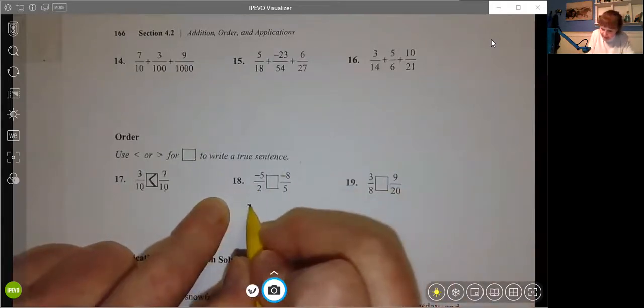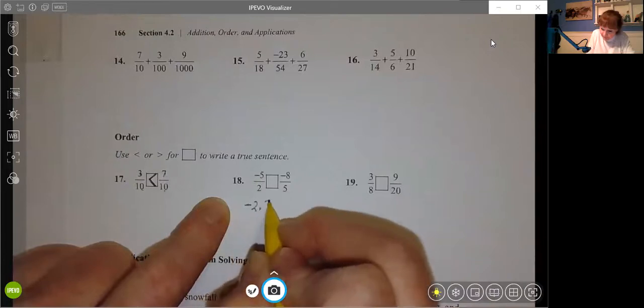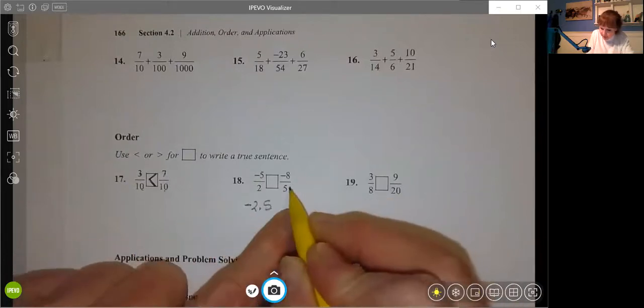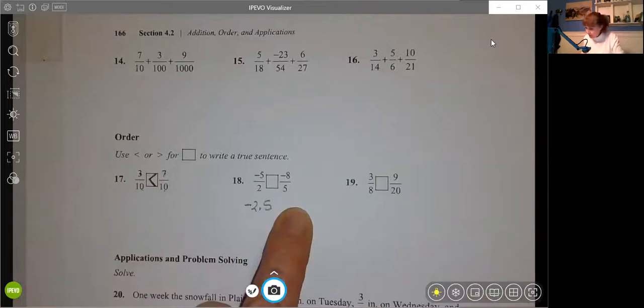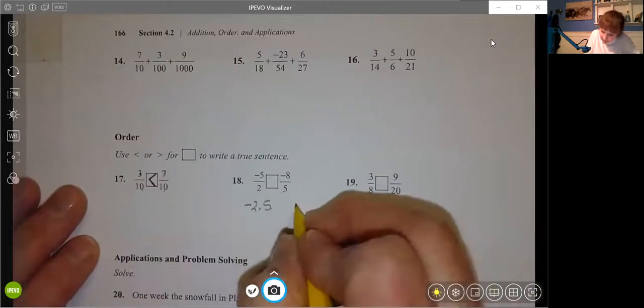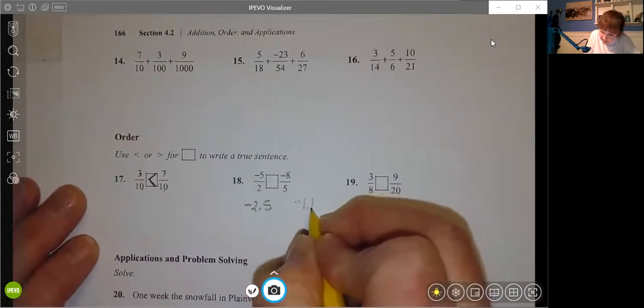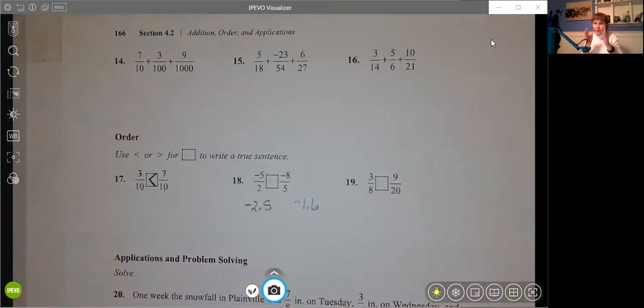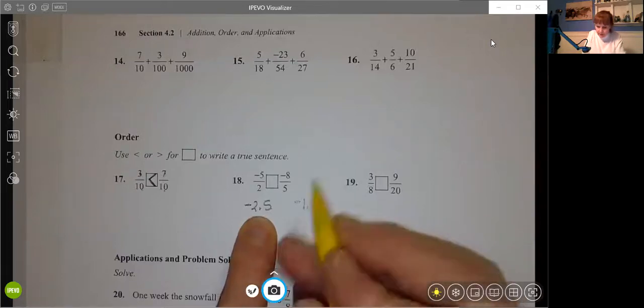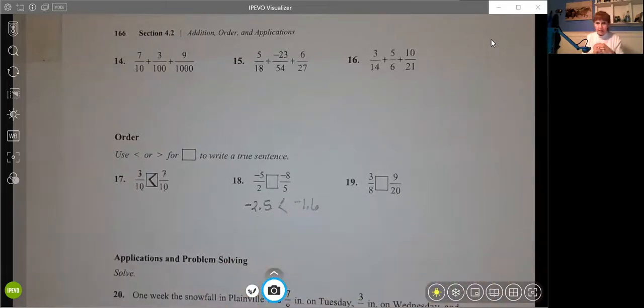So here you have -2.5. And you're comparing it to -8/5, which is -1.6. And remember, on the number line, as you move further to the left, it's smaller. This one is to the left on the number line.